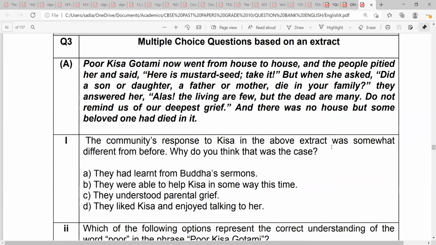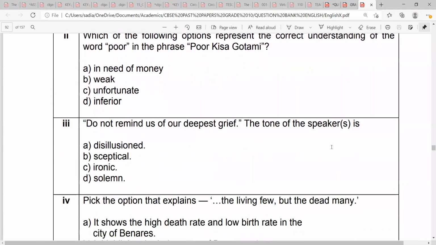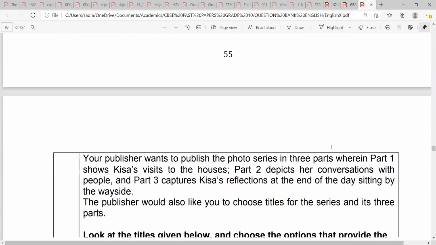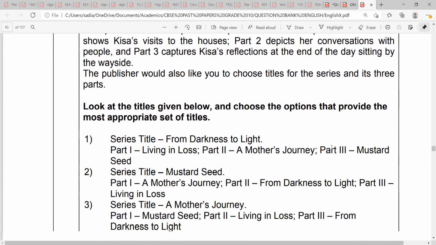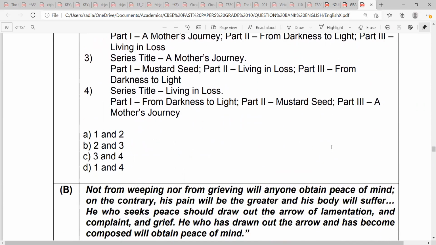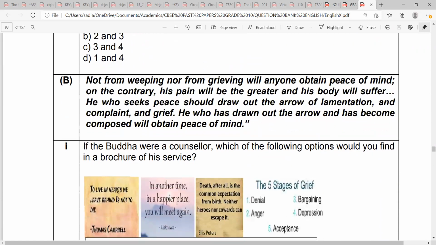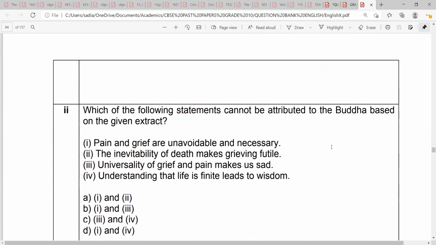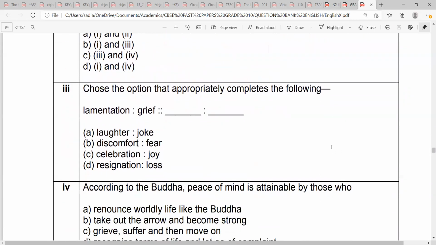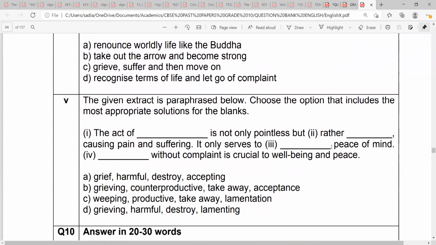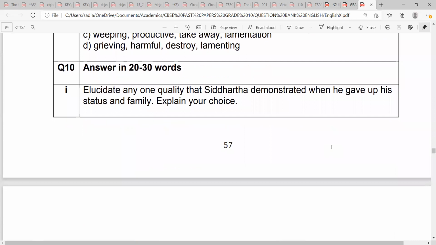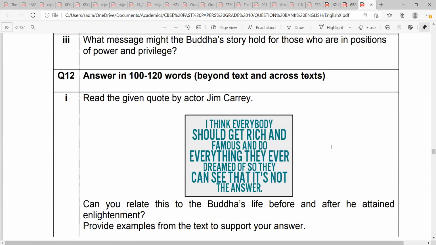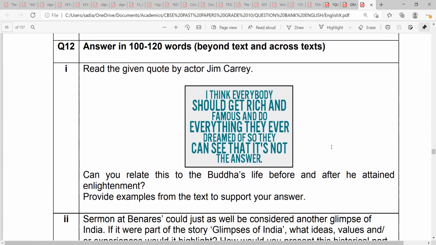Pause and read, and then answer the questions. 20 to 30 words. 40 to 50 words. Extrapolatory questions based on 100 to 120 words.